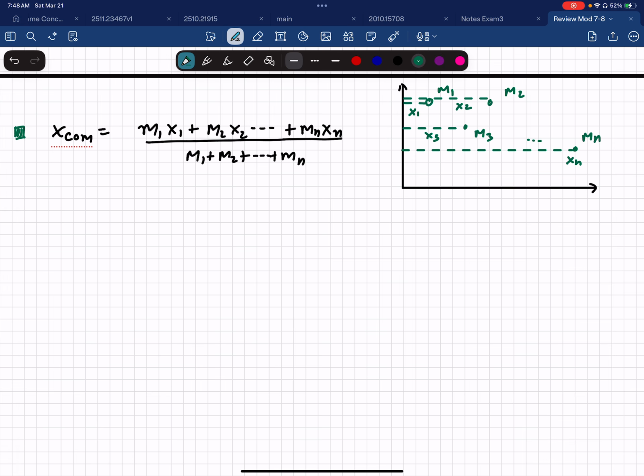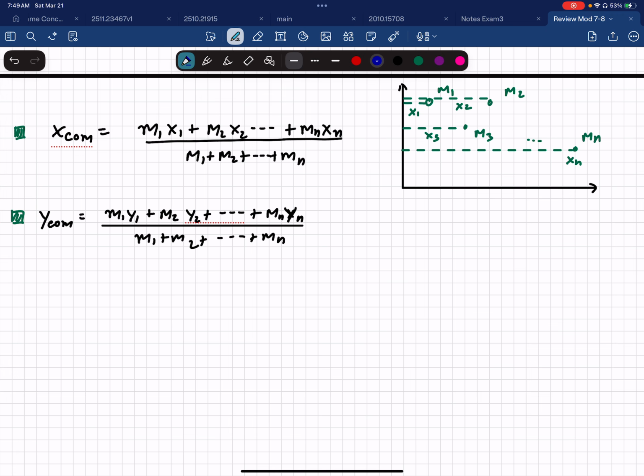Okay, similarly, the same thing for the y-axis. We do the same. If you go for the height, it'll be like this.